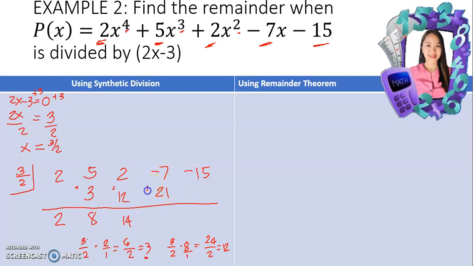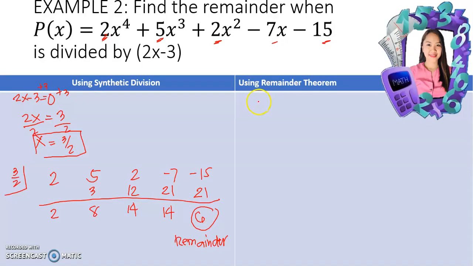Add ulit, negative 15 plus 21. That is equal to 6. So, the remainder is 6.